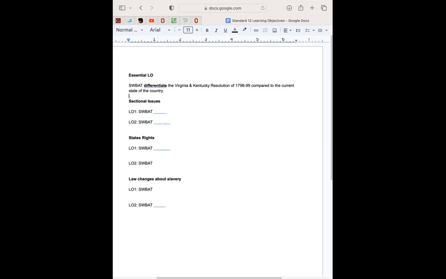Looking at the sectional issues, knowing that I have to talk about tariffs, the changes of policy, the ideas of land, we are going to go here with sectional issues, learning objective 1. Students will be able to identify the role of money via tariff policy and national banking issues.